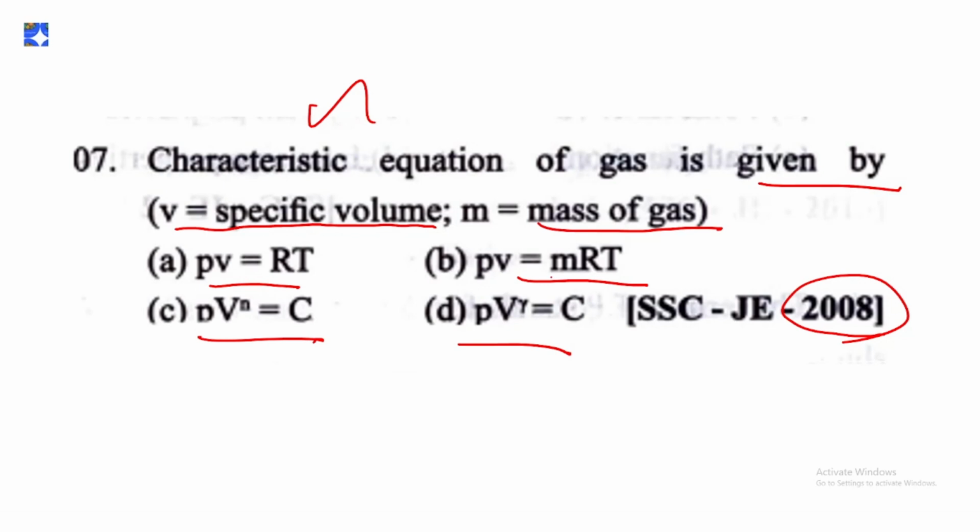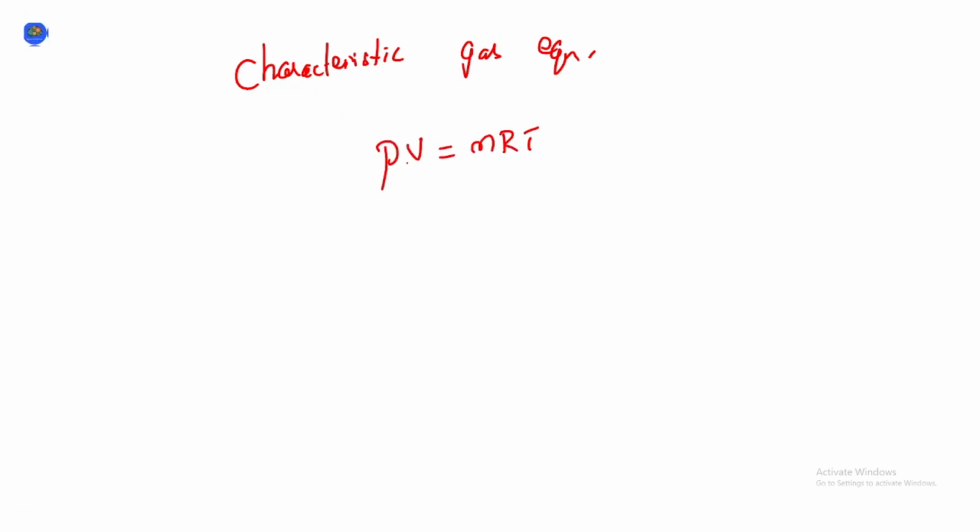The thing is, there is a twist here. Generally, the characteristic gas equation is given by PV equal to mRT. Here V is volume, m is mass, R is the gas constant, T is temperature, and P is pressure.